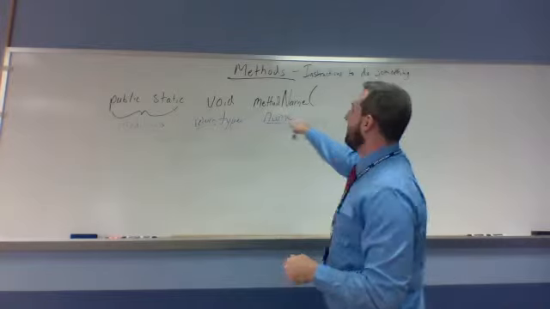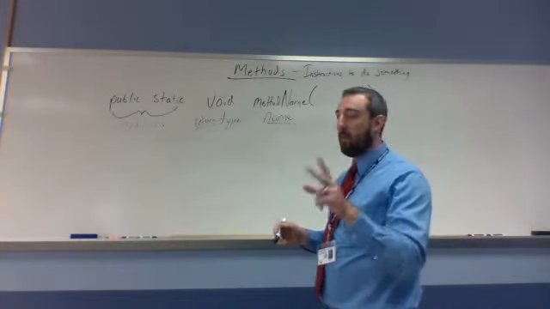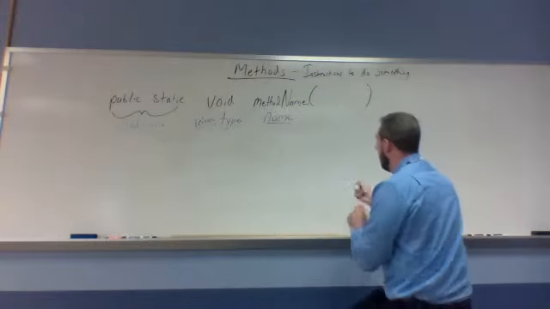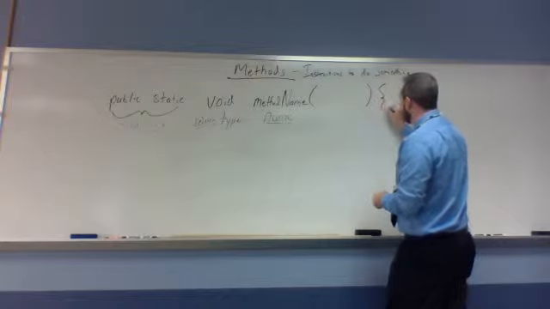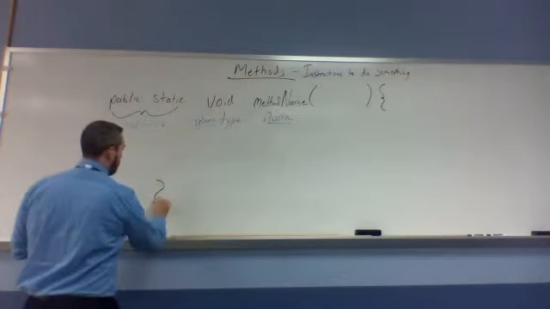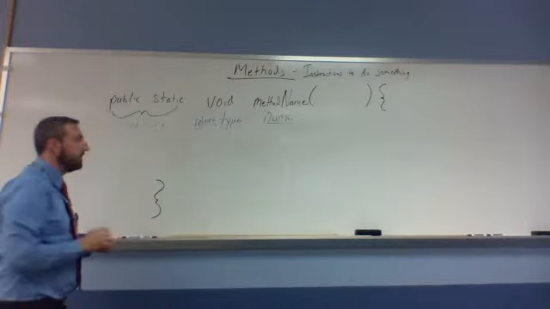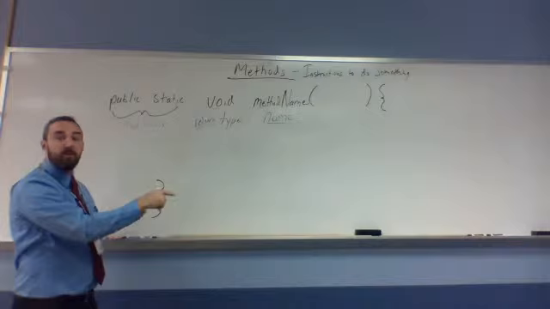So this is declaring our method, but really we need two more parts. One is very essential, and that essential part is this. We're going to put an open curly brace here and a closed curly brace here. And what we just did is we defined a region where we could write instructions.